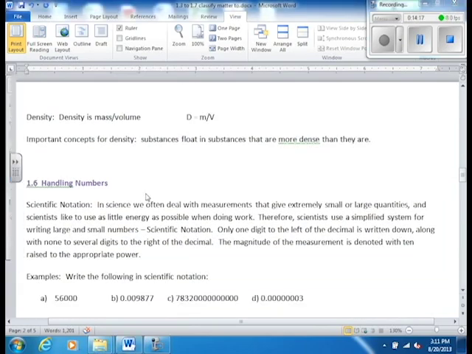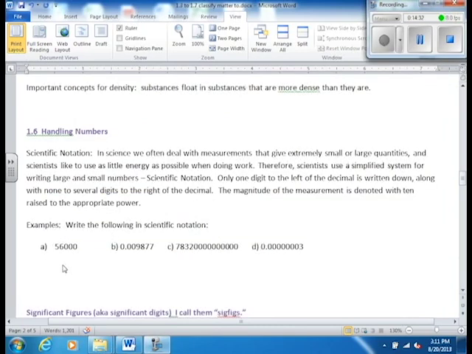All right, now to some of the meat. Handling numbers, scientific notation. This is just giving you a general idea of why we use scientific notation, and I want you to write the following in scientific notation. You should be able to pause and do this on your own. I will show you real quick what you do, but basically you just move the decimal.